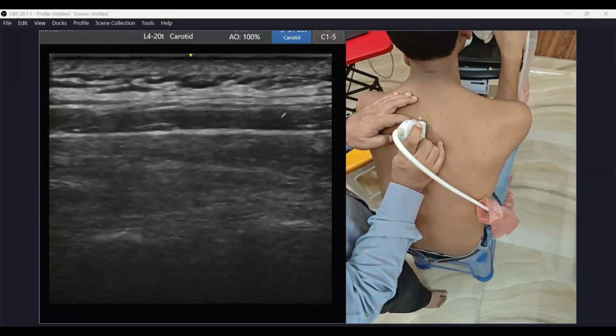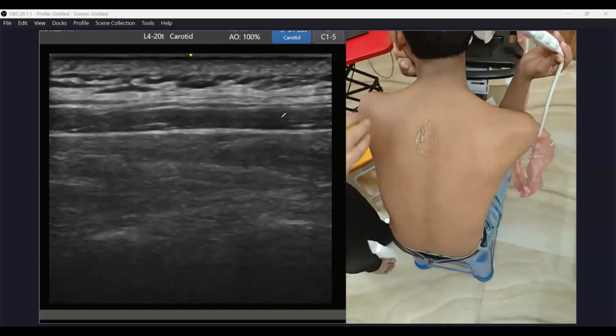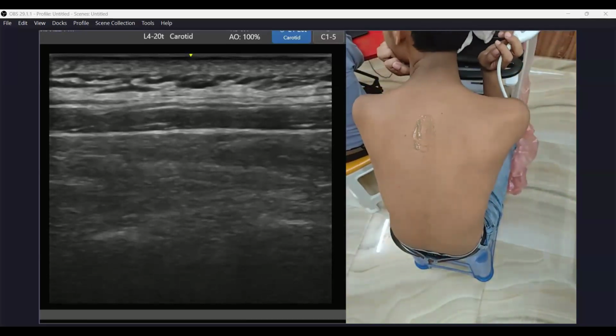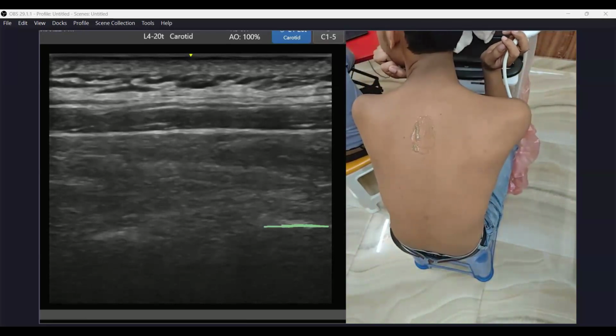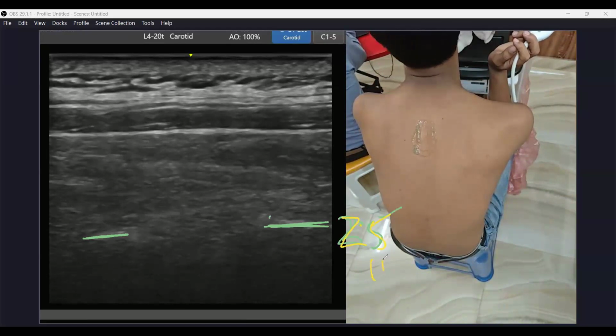You cannot see the depth here because that scale is actually hidden, but this is the lamina. This lamina is not less than 2.5 centimeters. Okay, I'll make it yellow. So this part is lamina, we can see.